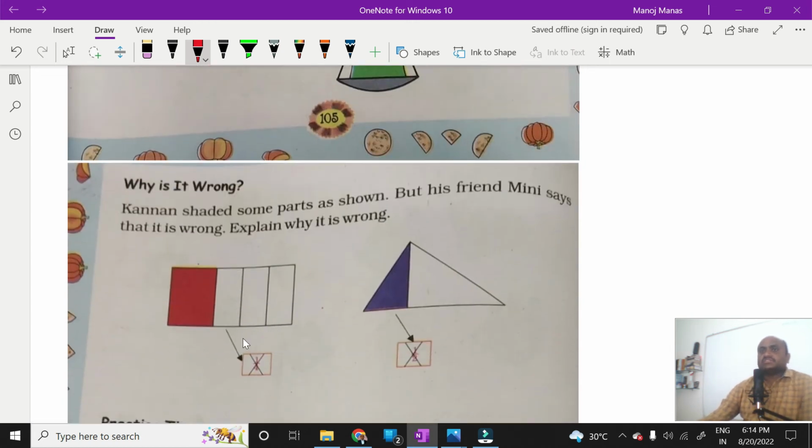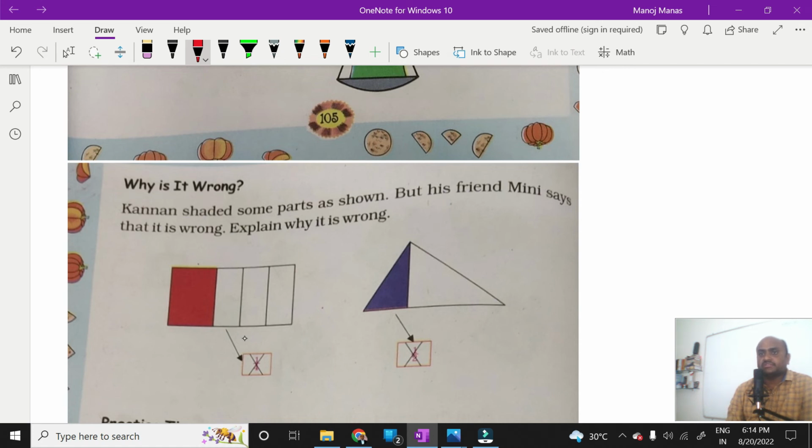Why is this wrong? Kanan shaded some parts as shown below, but his friend Mini says this is wrong. Explain why it is wrong. Even I was telling the same thing in the last video, that make sure that all the partitions are equal.